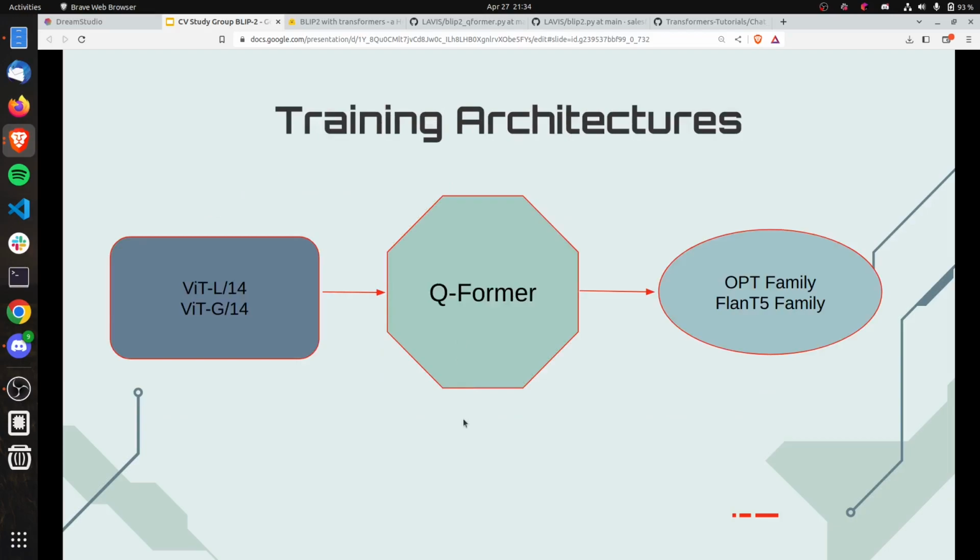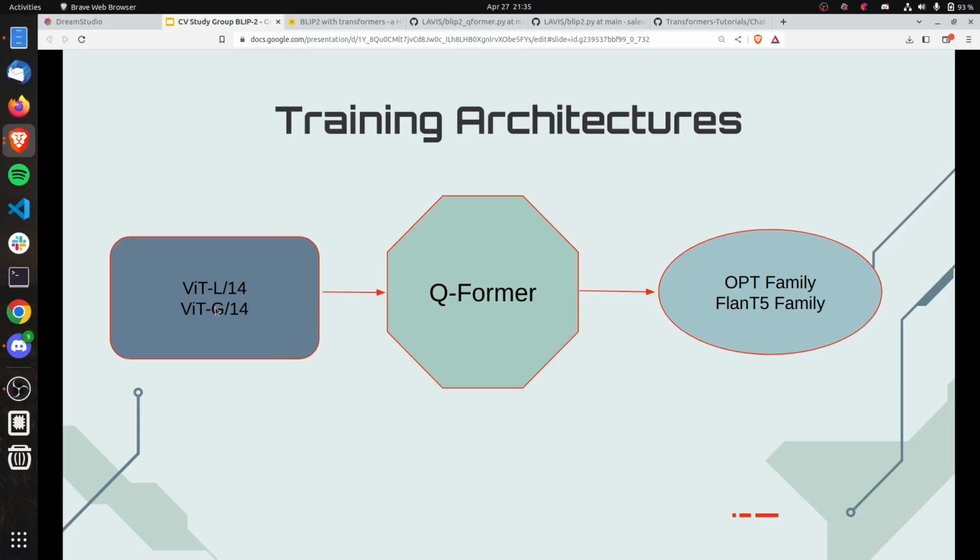Okay. Yeah, and for training architectures, they're experimenting with two vision encoders, basically. One is the vision transformer large with 14 patch size and a bigger vision transformer, ViT-g. I'm always not sure what the g stands for, if it's giant or, I don't know, giga, something like that.